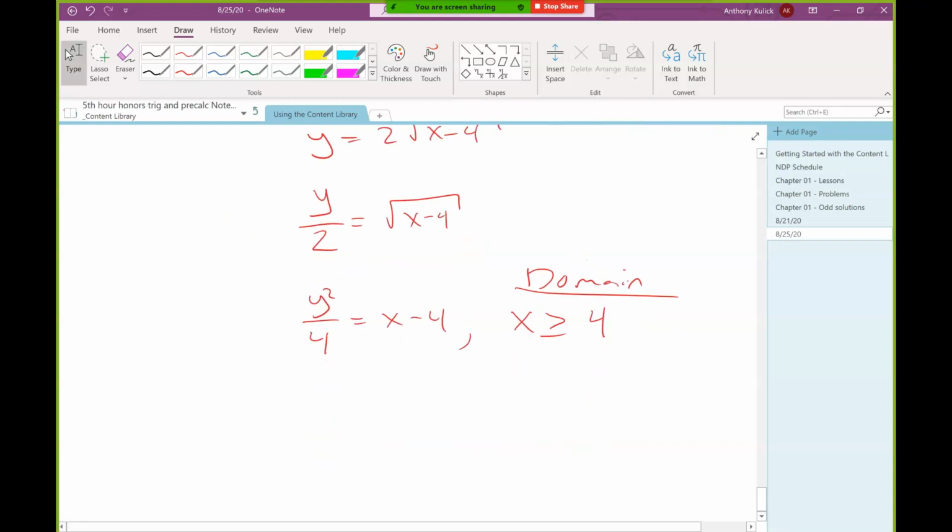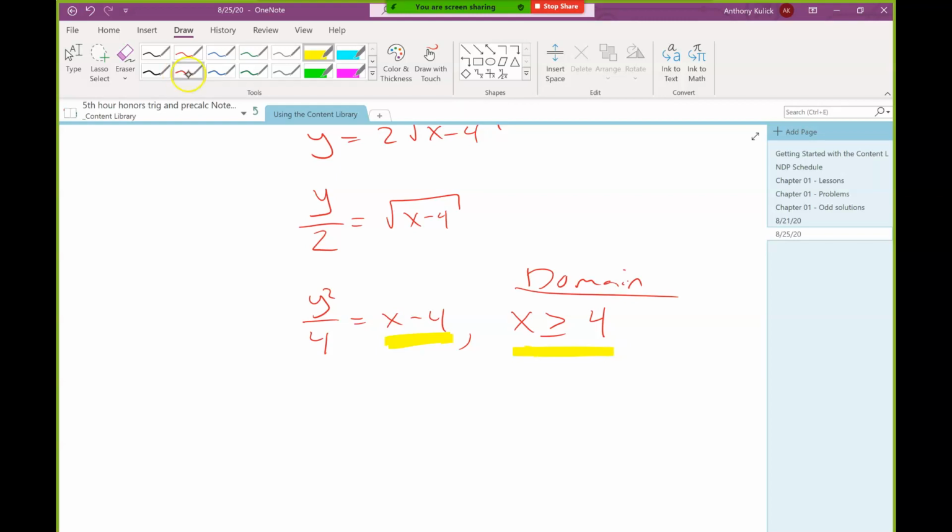Okay. So if I look at this side, these are the x's I can plug in. What's the smallest x I could plug in? 4, right? Everybody agree with that?